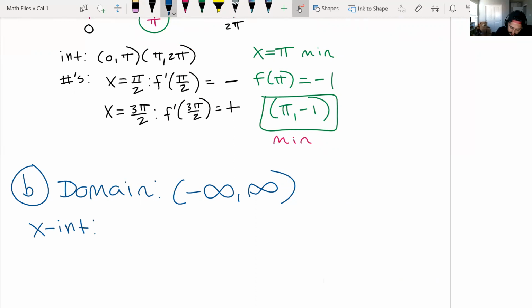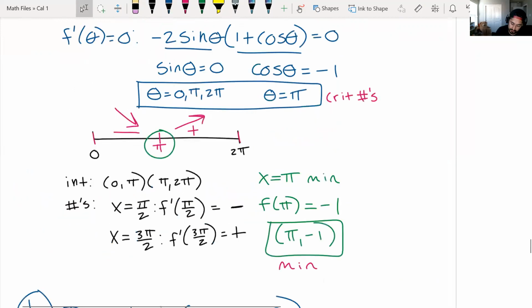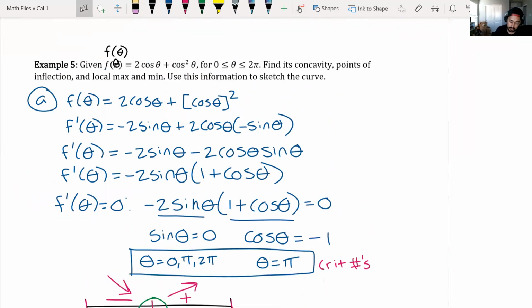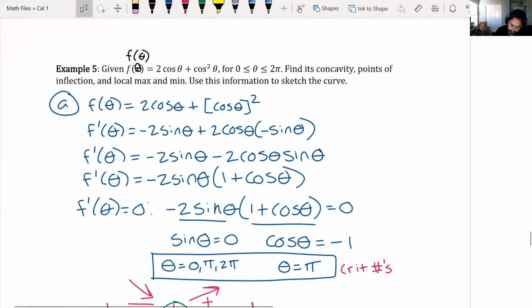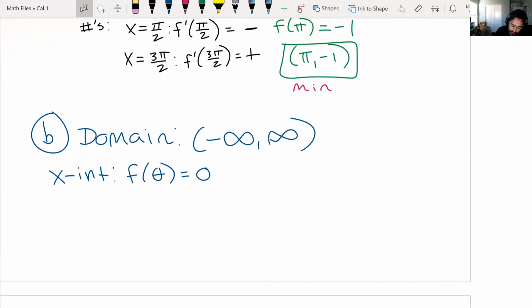Then for x-intercept, we let f of theta equal 0. So what's my original function? 2 cosine theta plus cosine squared theta. So that means I have 2 cosine theta plus cosine squared theta equal to 0.